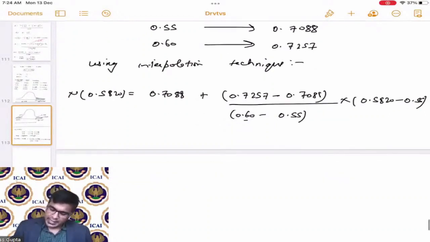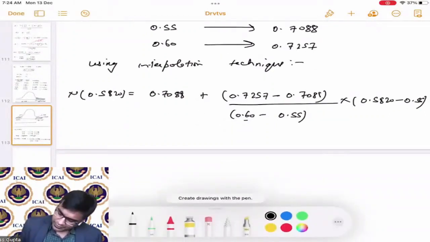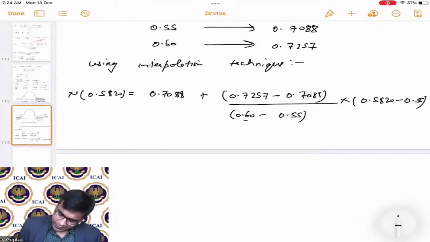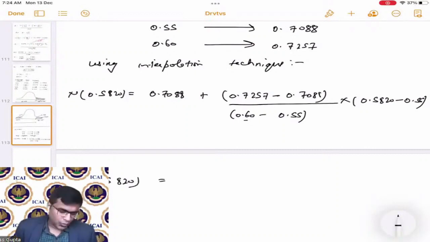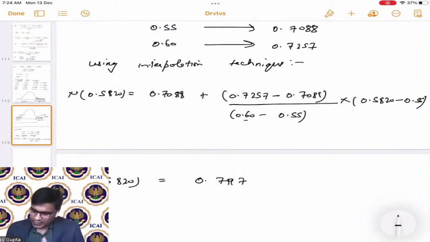So that means N(0.5820) is equal to, if we solve all this, 0.7197 is what we will get as an answer.